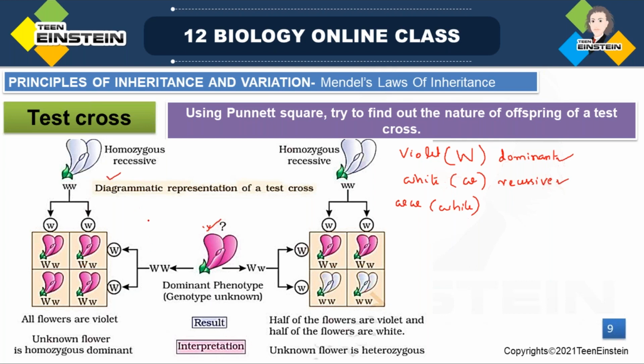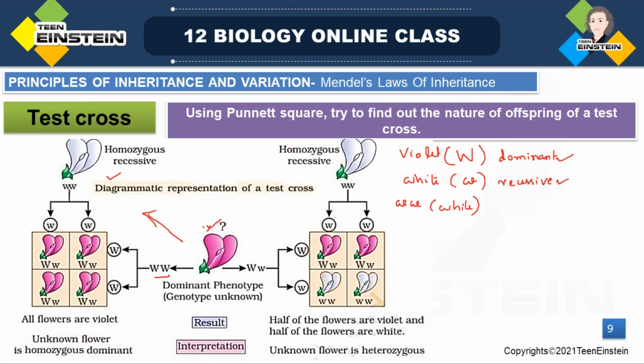Here we are going to cross these two flowers. This is the recessive parent in homozygous condition. So in a test cross, the genotype of this one we need to find out. There are two possible combinations. Violet is the dominant color, and we want to know the genotype of this violet flower.